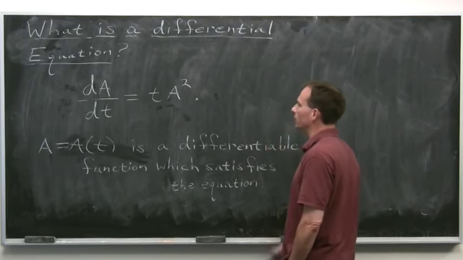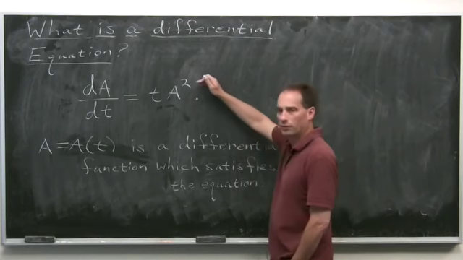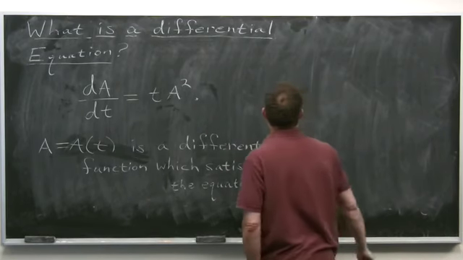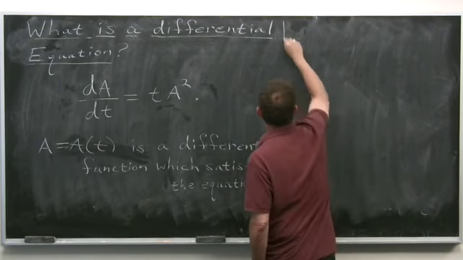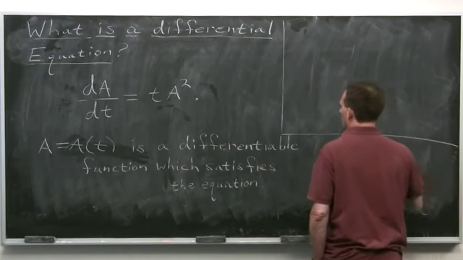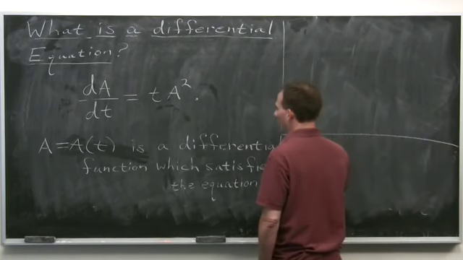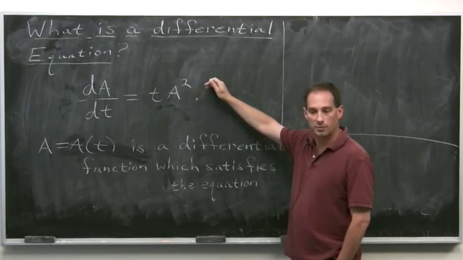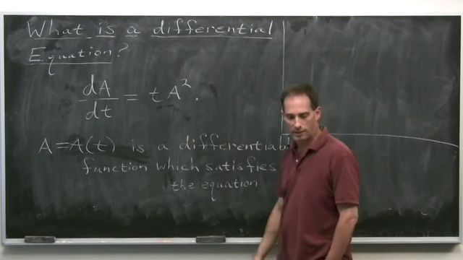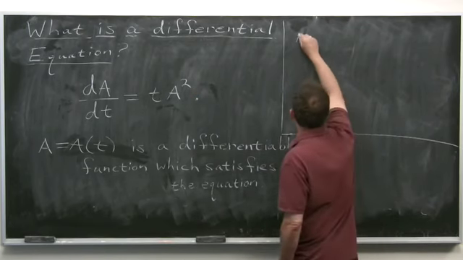Later, in the third section, we'll actually be able to solve this differential equation. But right now, I want to say that solving it means finding all of the A's that make this true. Right now, I can tell you all of the A's that make this true.